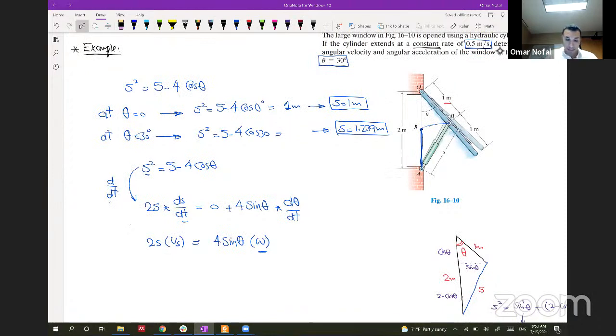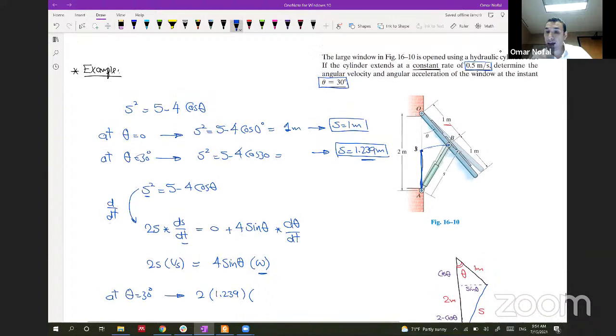So at theta equals 30 degrees, this equation will be like 2 multiplied by s at 30 degrees, which is calculated here, 1.239. And vs is constant.